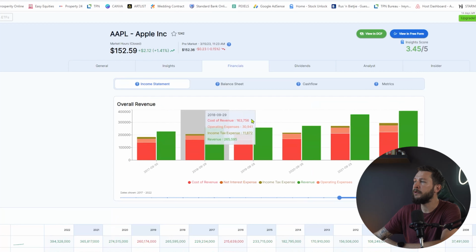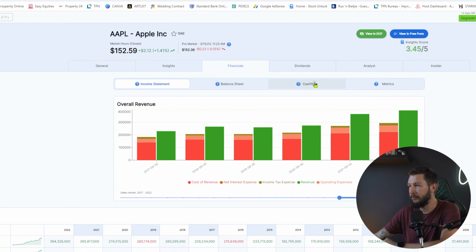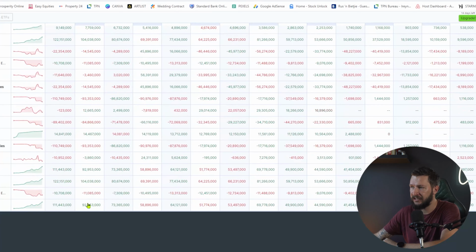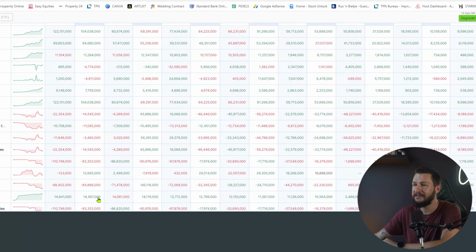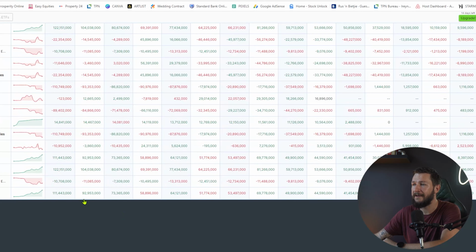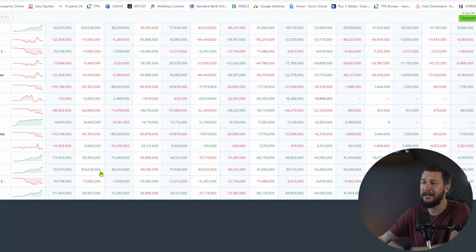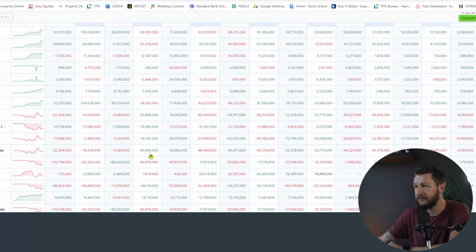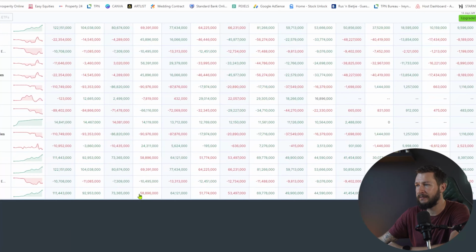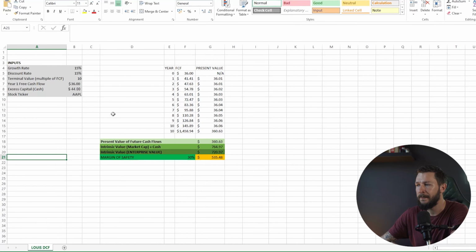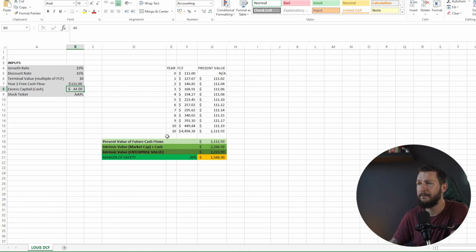I'm going to jump to its financials and then to the cash flow statement. At the bottom, it will show me free cash flow. Here we can see that Apple generated a free cash flow amount of $111 billion in the 2022 financial year. So we'll put that in at this tab.